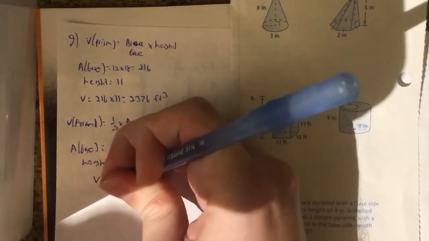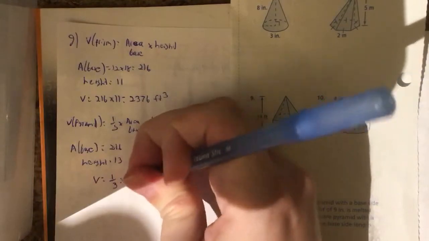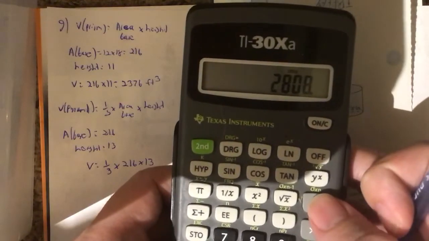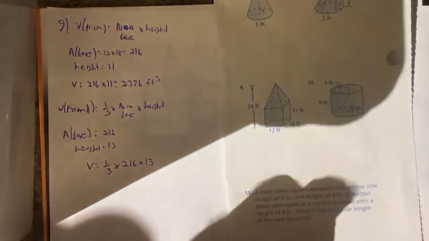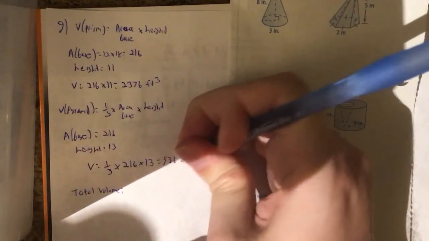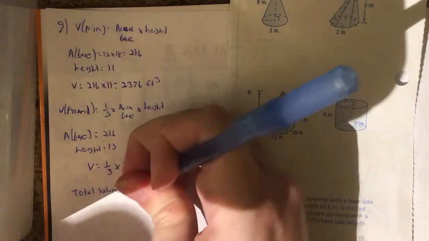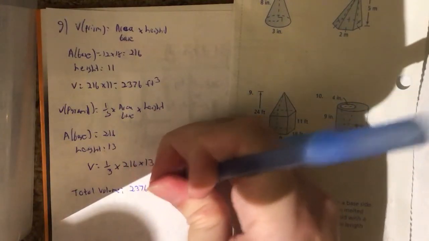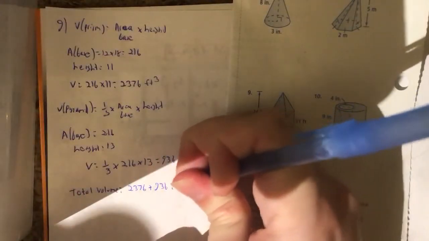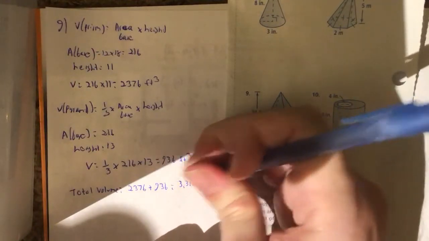Volume equals 1/3 times the area of the base, 216, times 13. And just do that. 216 times 13, and then divide by 3. 936. So the total volume, I add the two pieces together, and this again was feet cubed. It's just 2376 plus 936. That gives me 3312. And that's the volume of the entire figure.